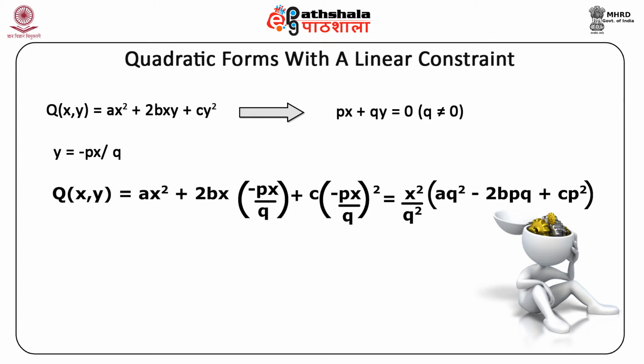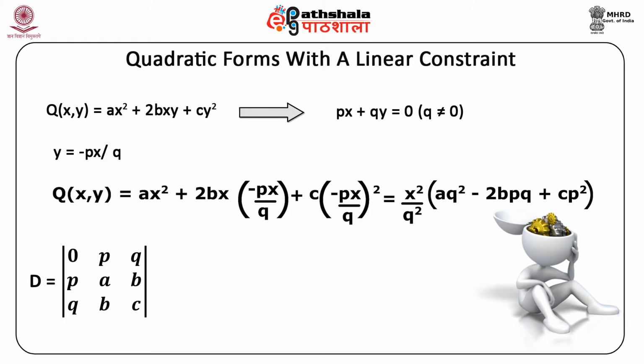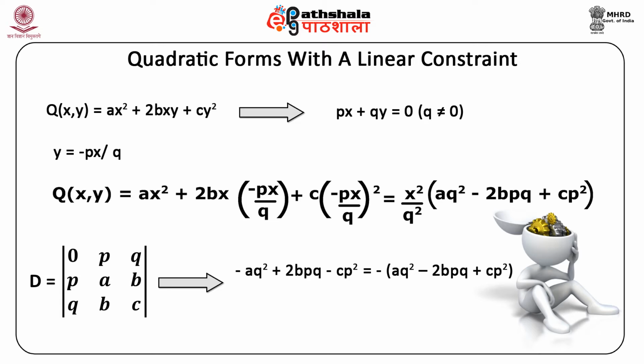Now consider the determinant D equal to the determinant of 0, p, q; p, a, b; q, b, c. Expanding this yields minus a q square plus 2bpq minus cp square, which is equal to minus the whole of a q square minus 2bpq plus cp square.